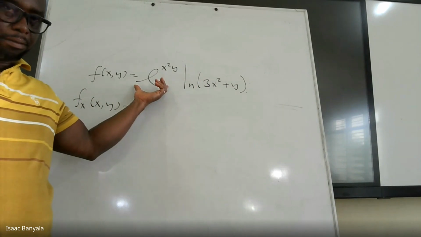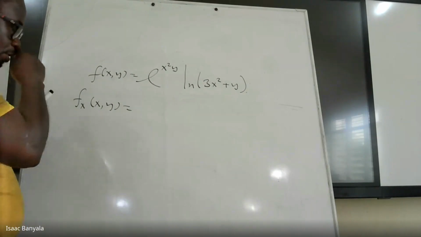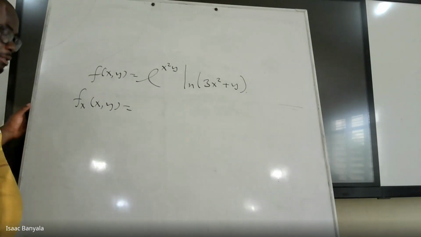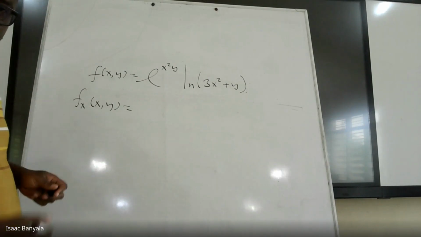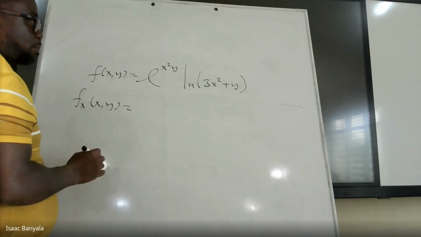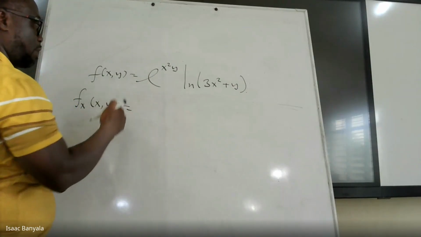So let's go. Which one should we keep first as a constant? The natural log, the ln. We want the ln to be constant. Okay, now we are going to differentiate with respect to x. So let's go.